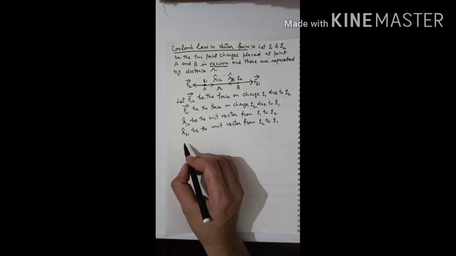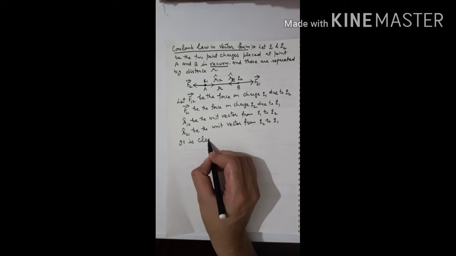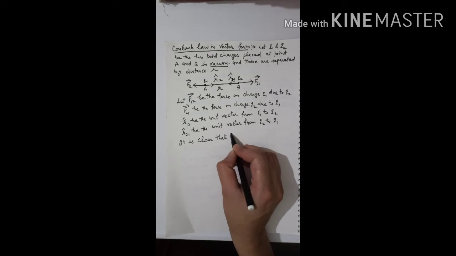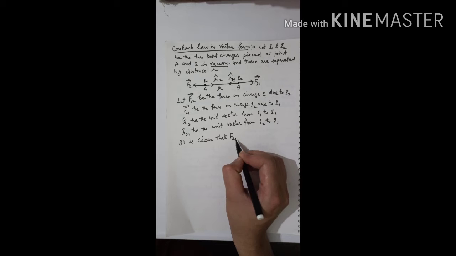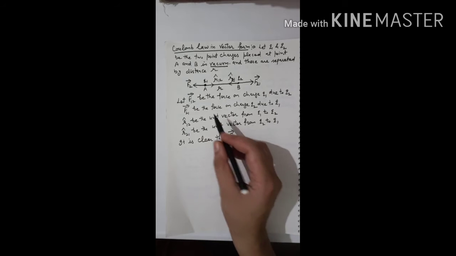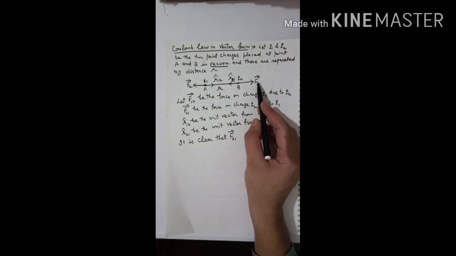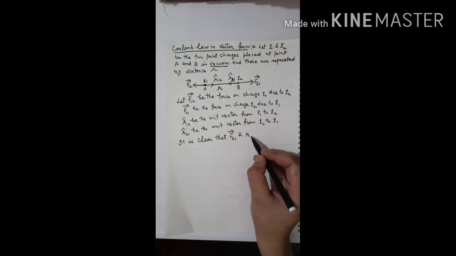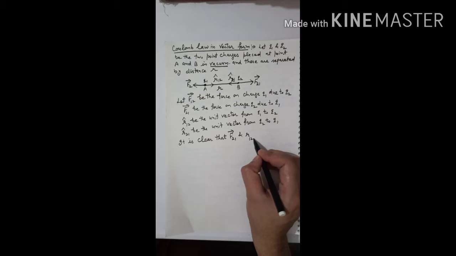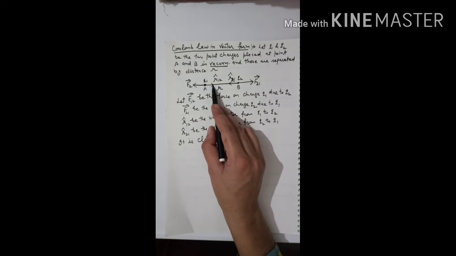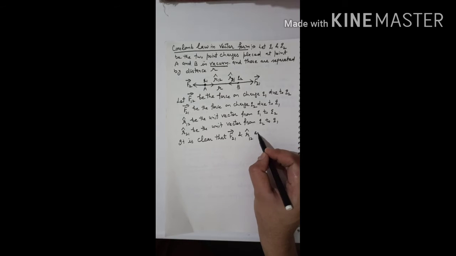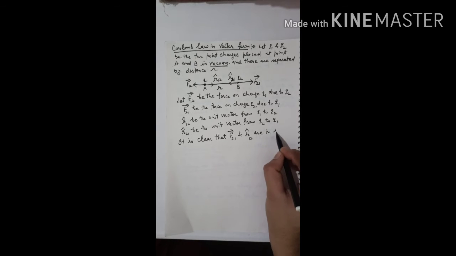So it is clear that F21 and r12 cap, the unit vector from Q1 to Q2, are in the same direction.